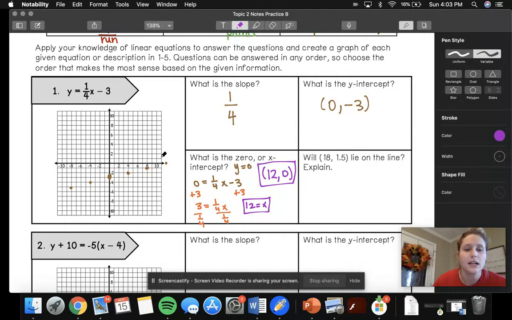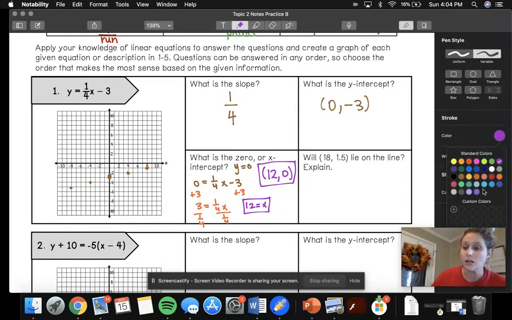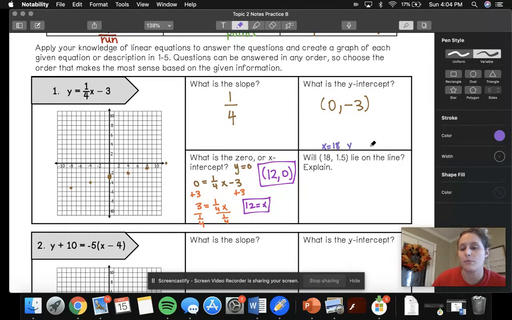Lastly, will (18, 1.5) lie on the line? My gut instinct is no, because this is 12, which is 0, so it's probably going to go up more than that. But we want to have more mathematical reasoning besides just thinking so. So we are going to plug in x equals 18 and see what my output is.